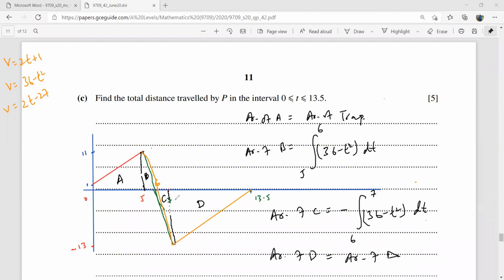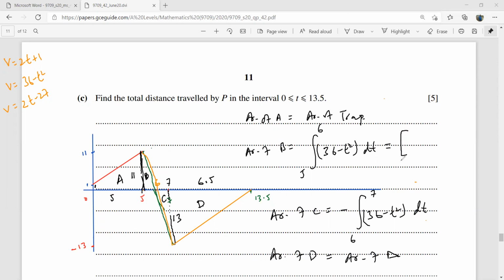Okay, you must start finding these. For this trapezium part here, this length is 11, this length is 1, and the height of the trapezium is 5. The triangle part is from 7 to 13.5, so this base is 6.5, and this height is going to be 13, and the rest, you might find difficult, integrating this.